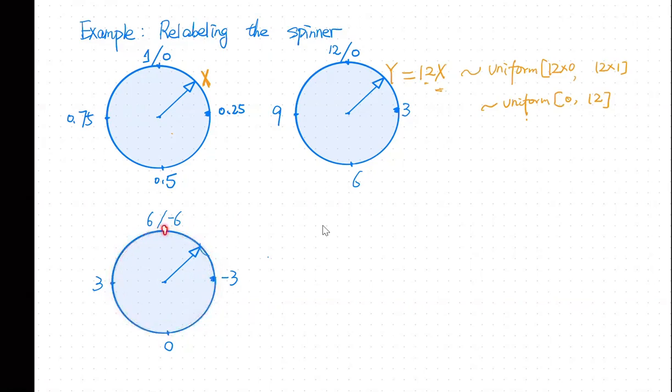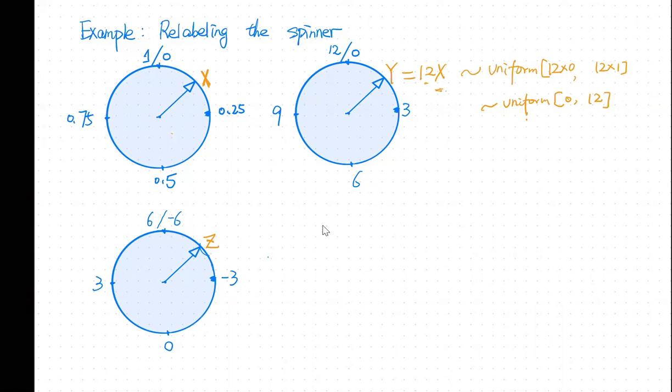So the topmost is -6, the rightmost is -3, and the lowermost is 0, and the leftmost point is 3, and so on. Then we call the same spin Z. So this is the same spinner, but under a new labeling system.